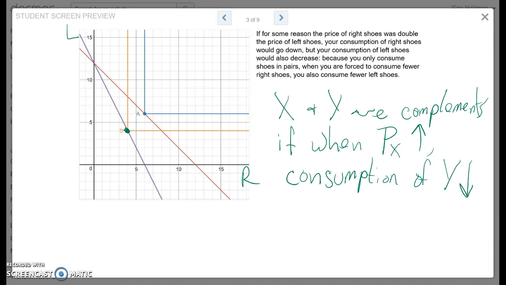The way to think about that is a little chain: when the price of good X goes up, you're going to consume a smaller quantity of good X. But because X and Y are complements, when you consume less X, you're also going to consume less Y.